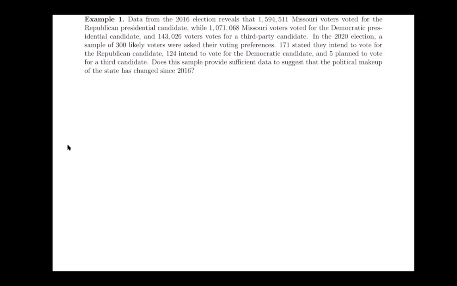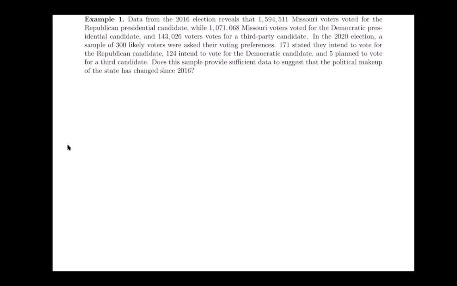1,071,068 Missouri voters voted for the Democratic presidential candidate, and 143,026 voters voted for a third party candidate. These are real numbers, by the way. In the 2020 election, a sample of 300 likely voters were asked whether they were going to vote for the Republican candidate, Democratic candidate, or a third party candidate.